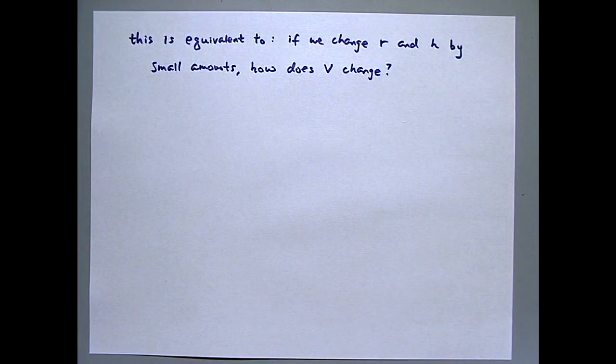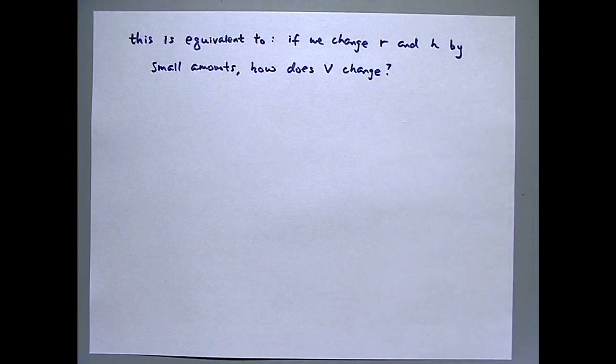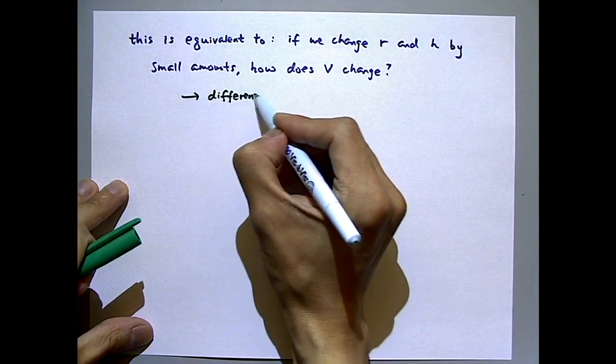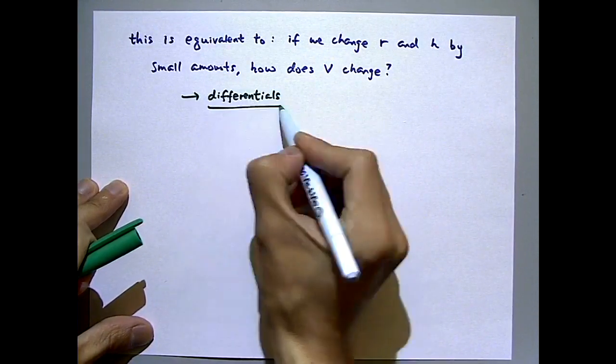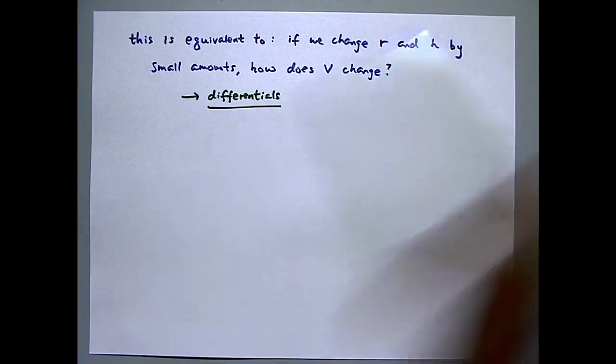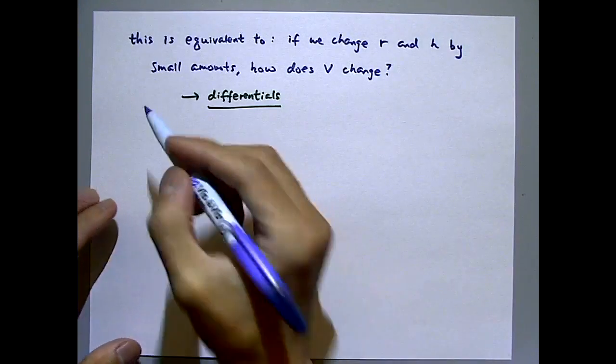Okay, we're going to find out with small changes in these two variables, how does that affect the variable V, which is based on r and h. So here we're going to use the idea of differentials. Because remember, differential gives you approximated change in the variable of the function based on the change of the two variables, or however many variables.